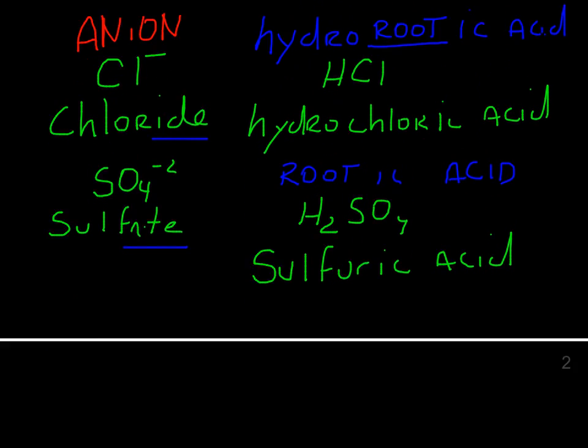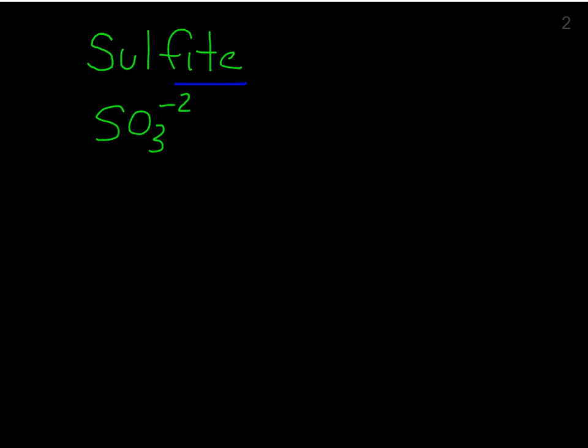There's one more, and this is if the anion ending happens to be ITE. So, for example, sulfite. This particular polyatomic ion has the ITE ending. The acid that I'm going to make out of it will be named the root, followed by OUS acid.